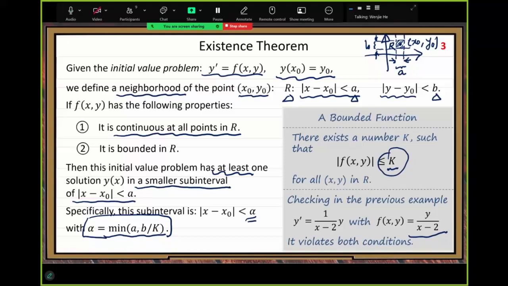Near that center point of the neighborhood the function goes to infinity, so there is no bound you can use to put the f function under. So both conditions are violated, and that's the reason you cannot apply the theorem.